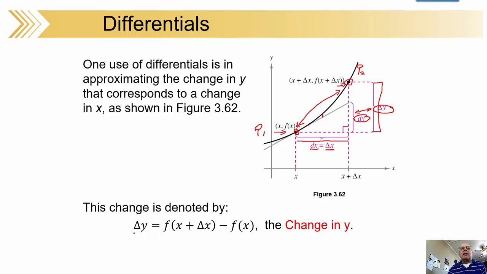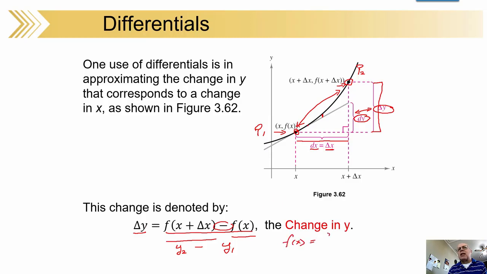So if you want to calculate the exact value of delta y, just find the y values at those 2 points and subtract them. Here's the y value for the second point minus the y value for the first point. That's it. Now, of course, you'll have to know what that particular function is.